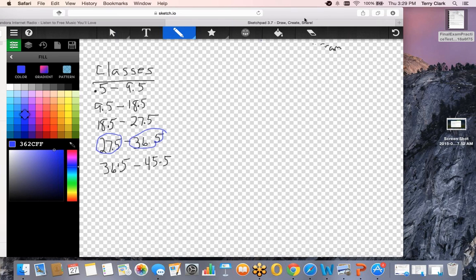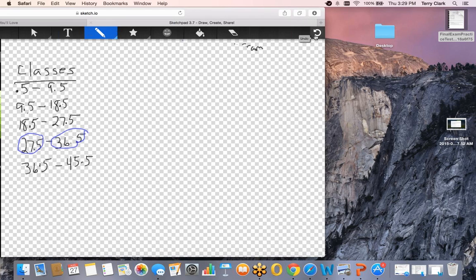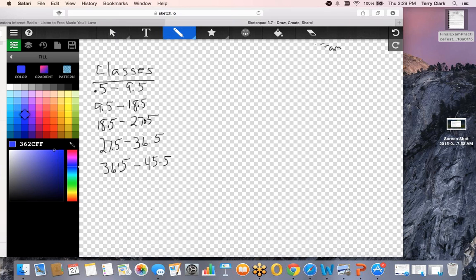I want to do one more. Now, if we take the ending boundaries, the 36.5 here and the 45.5 here, and we subtract those, that's going to equal 9 as well.